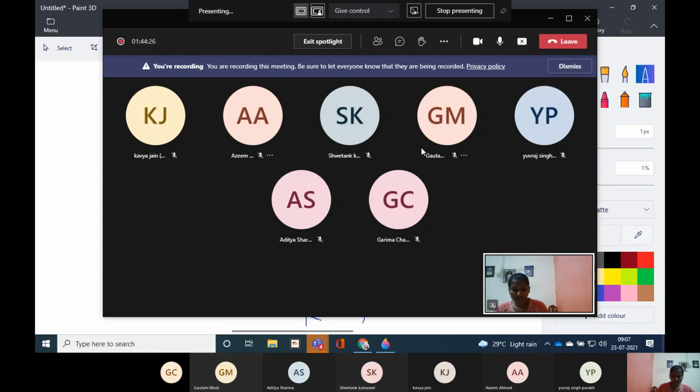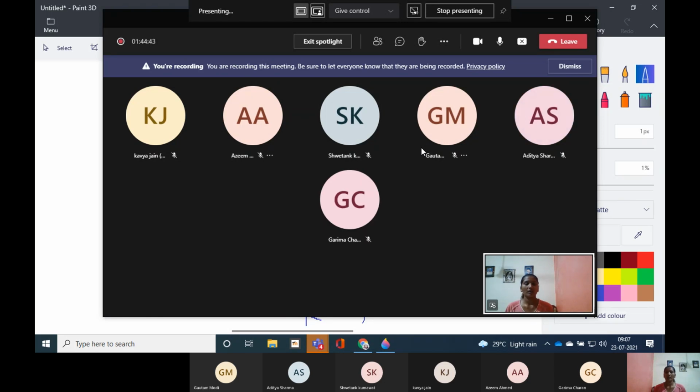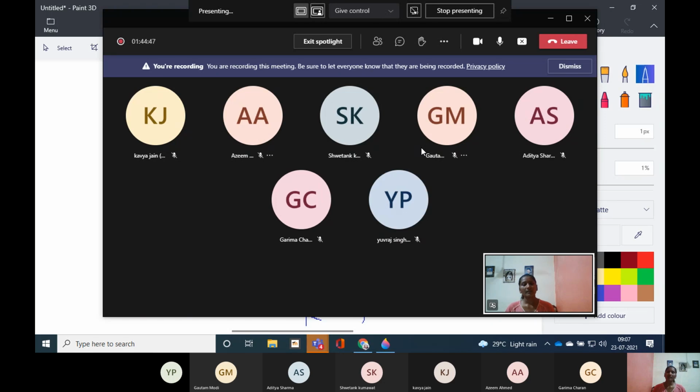Talking about white blood cells, the WBCs are known as anti-terrorist squad. Now, why anti-terrorist? Because they provide immunity. How do they provide immunity? They fight against pathogens. Pathogens are the organisms which are responsible for diseases.